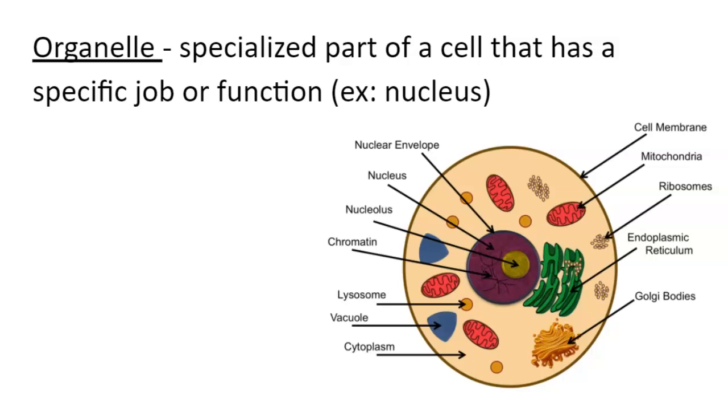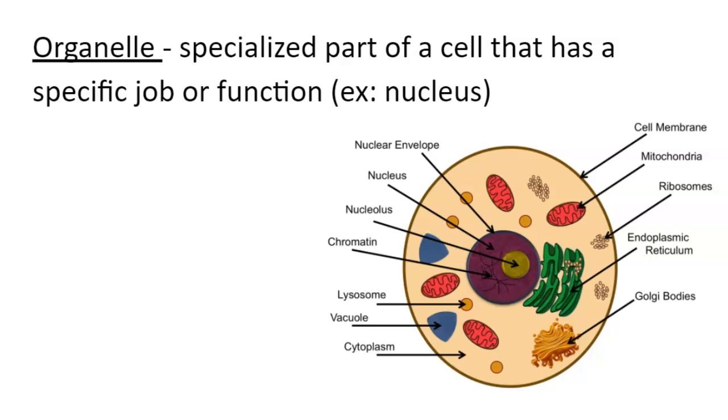So these little things that help make all of the different proteins in a cell, these are called organelles, okay? Kind of like you've got little kitchen gadgets, you've got lots of different things that do different jobs in the kitchen. An organelle is a special part of a cell that has a specific job or function.